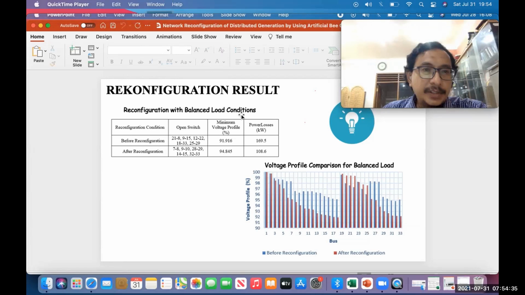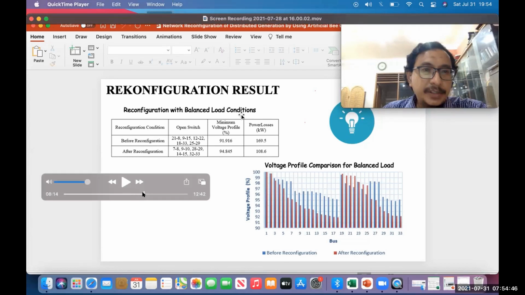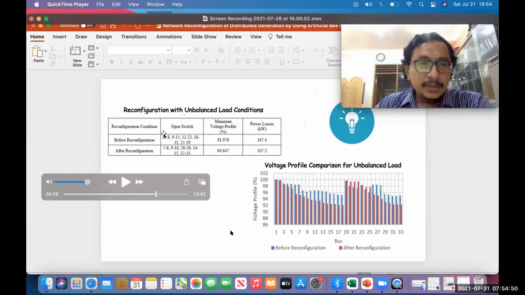This is data for the balanced load. This is the data voltage profile for the balanced load. For unbalanced load, after this slide. This is for the unbalanced load, sir.